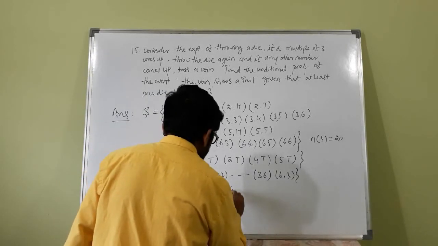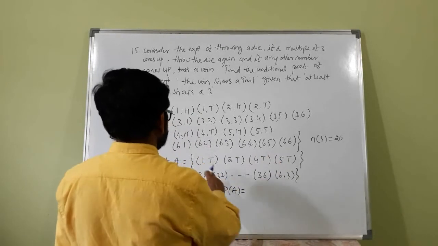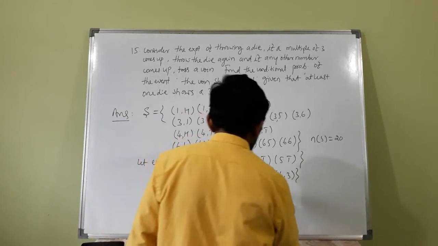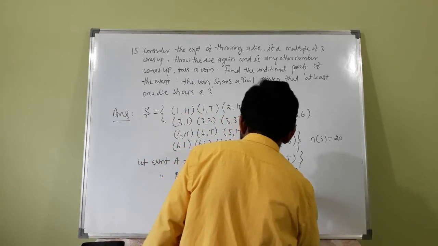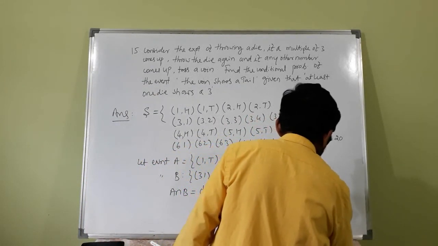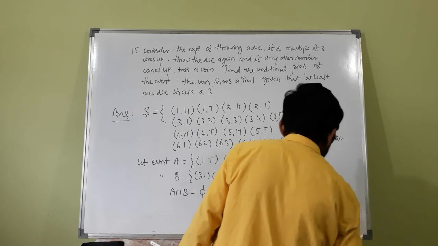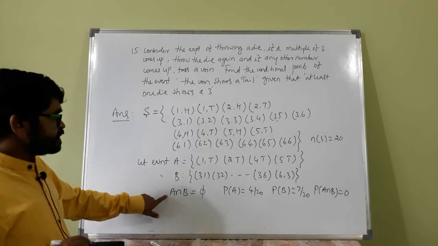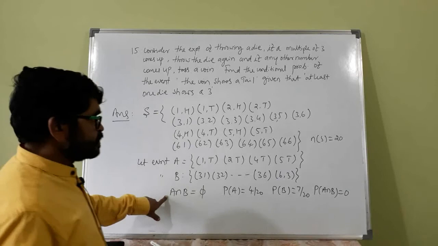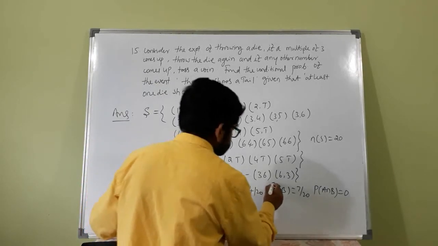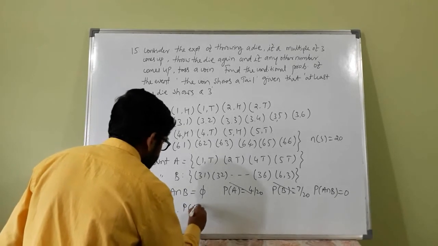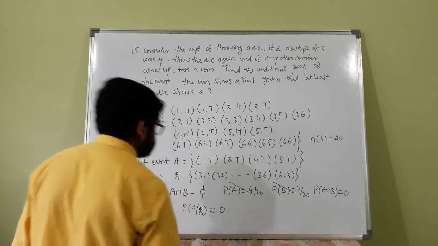So, probability of A is how much? 4 by 20. Probability of B is 7 by 20. Probability of A intersection B is 0. Even if you do not compute this, as A intersection B is empty, therefore probability of A given B is 0.